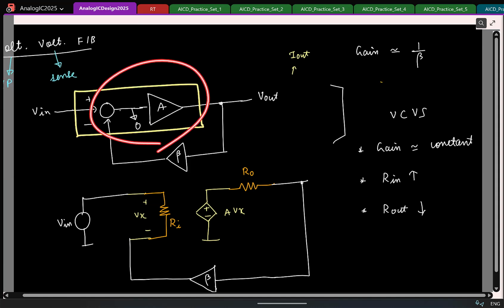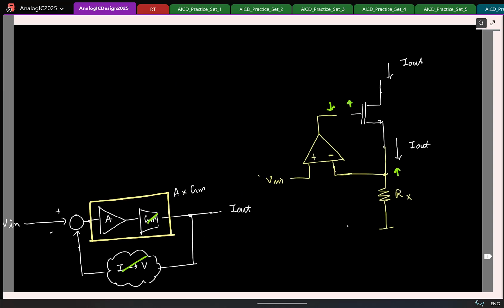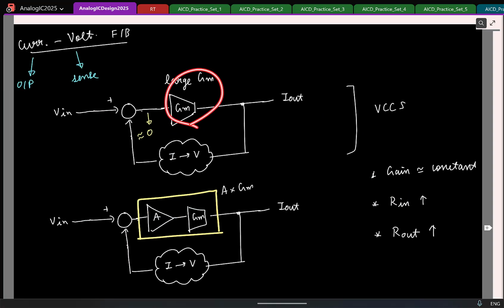So this is that case. Similarly, if you had a voltage control current source to start with, you put in negative feedback with a large gain, it becomes a better voltage control current source. So the impedances will change depending on the nature of the control source. You can't make a generalized statement.